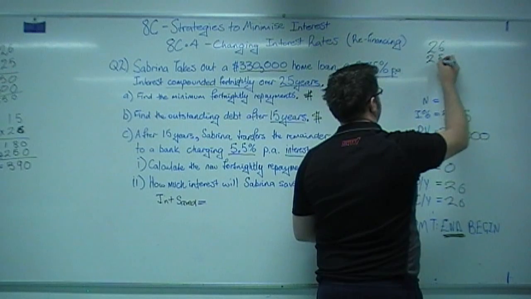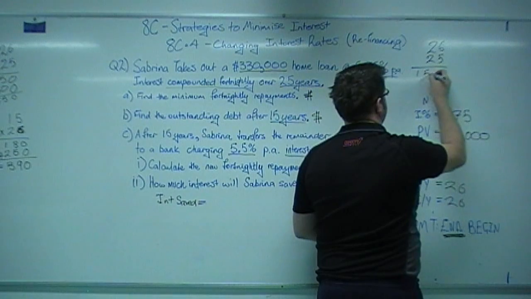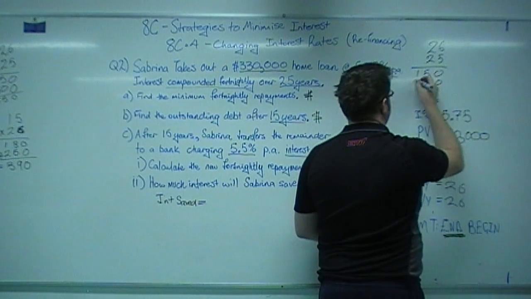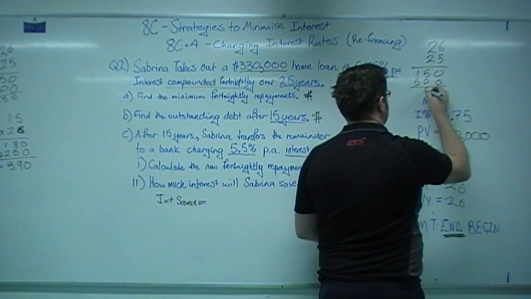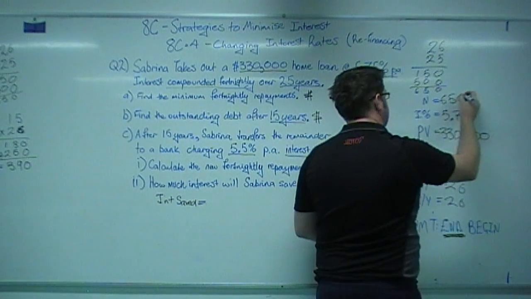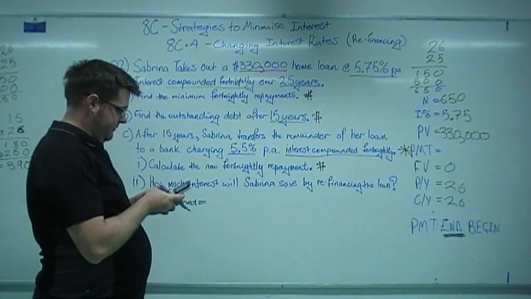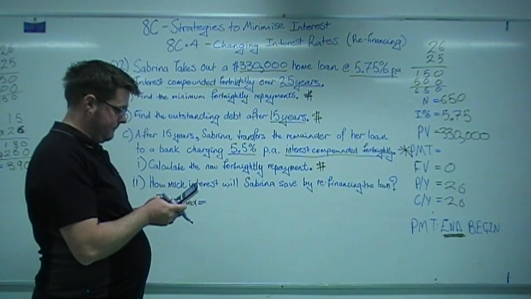The number of periods we've got is 25 times by 26. 6 times by 25, that's 150. 2 times by 25 is 50, that's 0, 5, 6. So, total of 650 periods. So, we need to feed that information into the calculator for TVM solver.